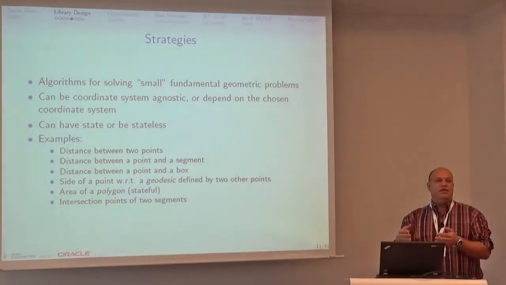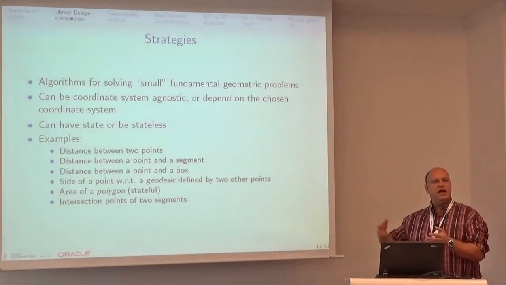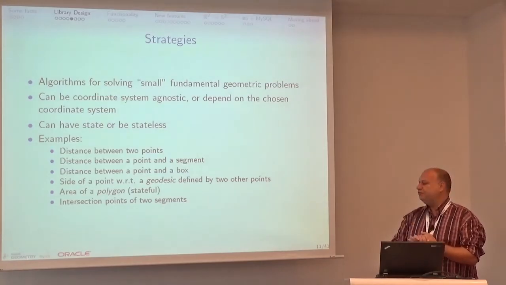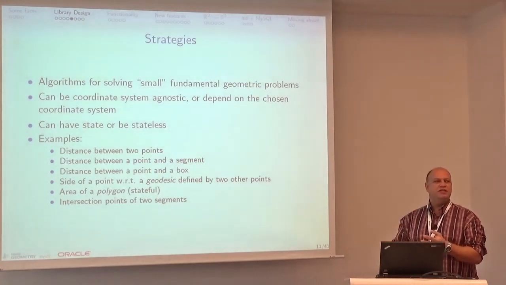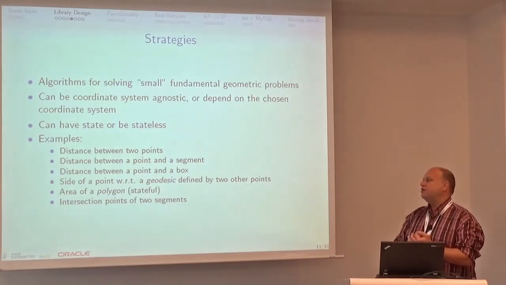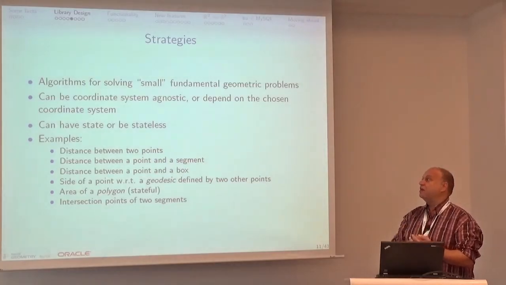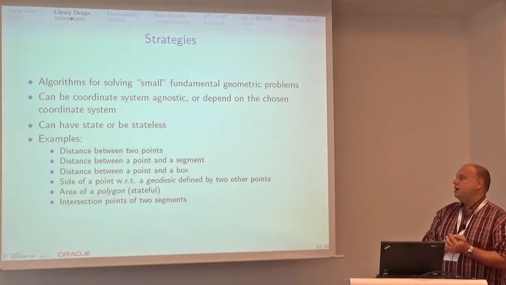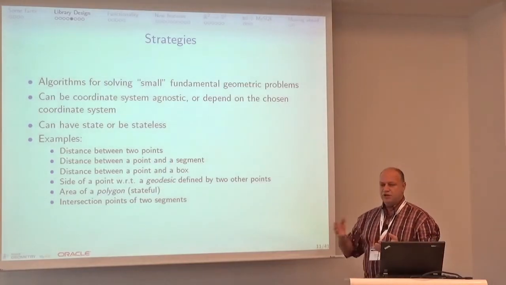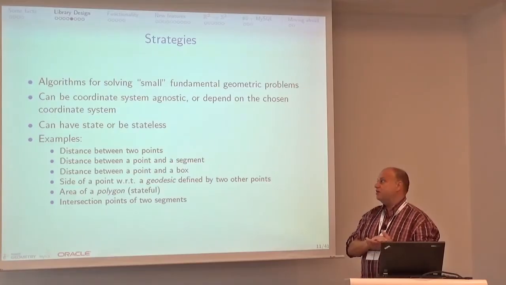But then the sum of the triangles that you have already encountered so far, this is the state that it really keeps up with. So every time a new triangle is looked at, then the area of this triangle is summed up with the current area of the remaining triangles that have already been encountered during this process. And this is stateful exactly because you have to keep track of the sum of the areas that you have encountered so far.